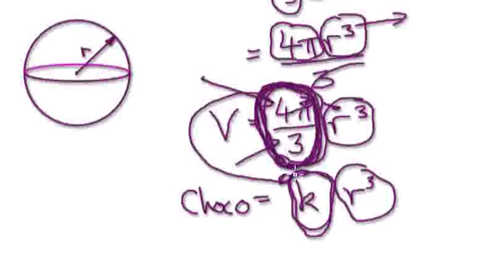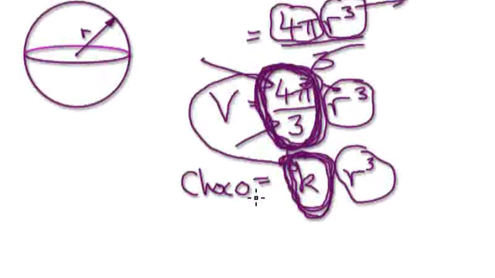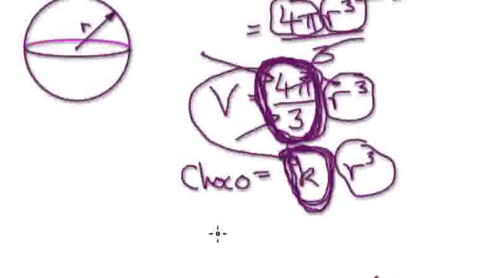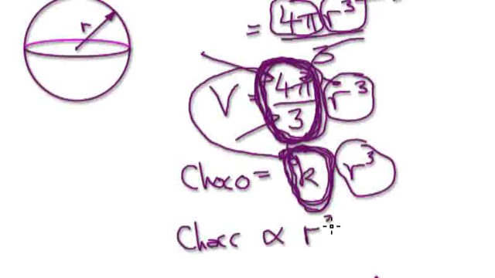So let's call this whole complicated thing a neat K. Okay, so this new number is the same thing, but it just has a different name, K. Okay, so here, when you've got chocolate equals K times r to the power 3, you can actually say the amount of chocolate needed is proportional to the cube of the radius.